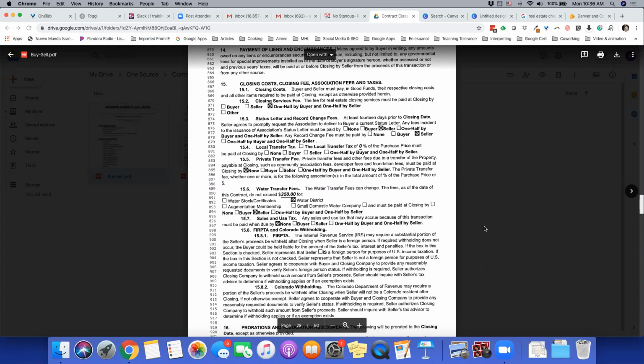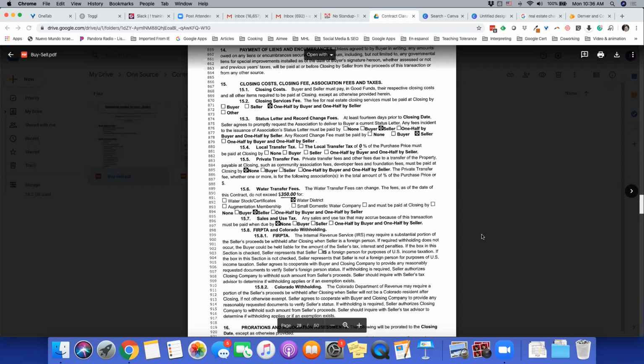Then on the status letter, if I represent the buyers, I always check seller on both of those cases. Then on 15.4, you put 0 on local taxes, and then you can check the box none, which I failed to do, but you can check it. On 15.5, no private transfer tax, but in the high country there is.